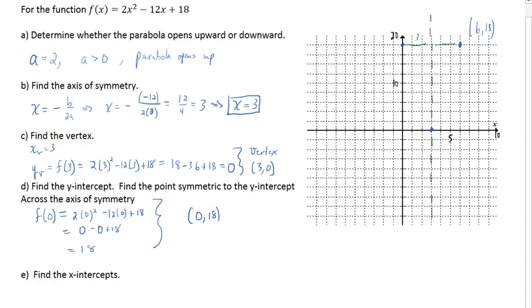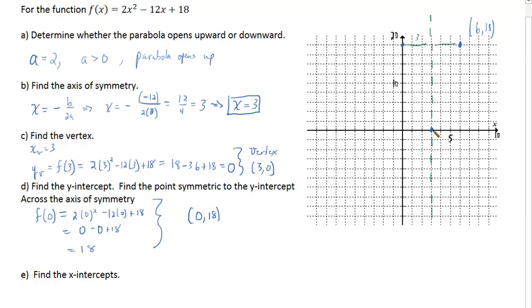Now we are asked to find the x-intercepts, and really, we've already done that. We found the x-intercept at 3, 0. And I know that it's the only x-intercept, because the parabola opens up, and I know the vertex, since it's opening up, the vertex must be the lowest point on the curve.